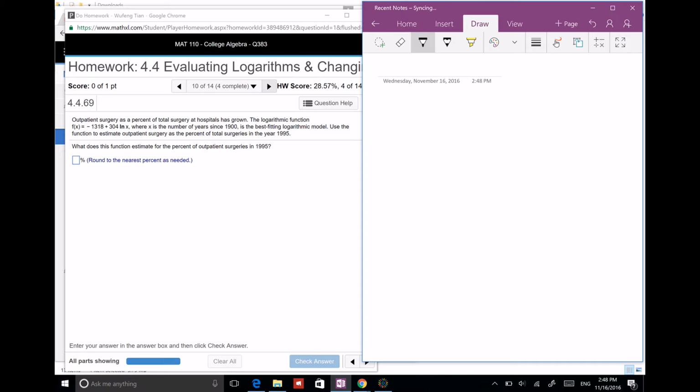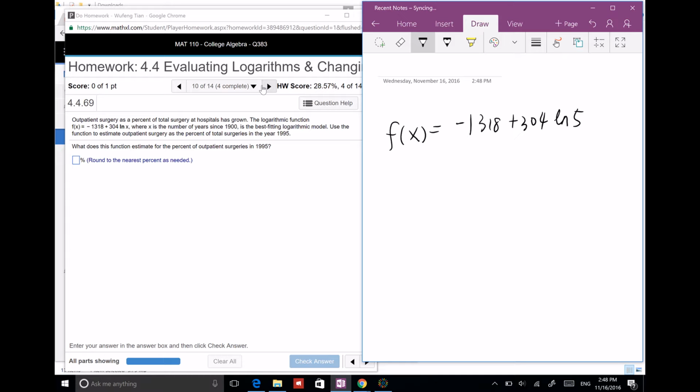Okay, so this one, the logarithm function, where x is the number of years since 1900, is a function estimating outpatient surgery total in 1995. So f(x) equals negative 1318 plus 304 times ln x, where x is the number of years.